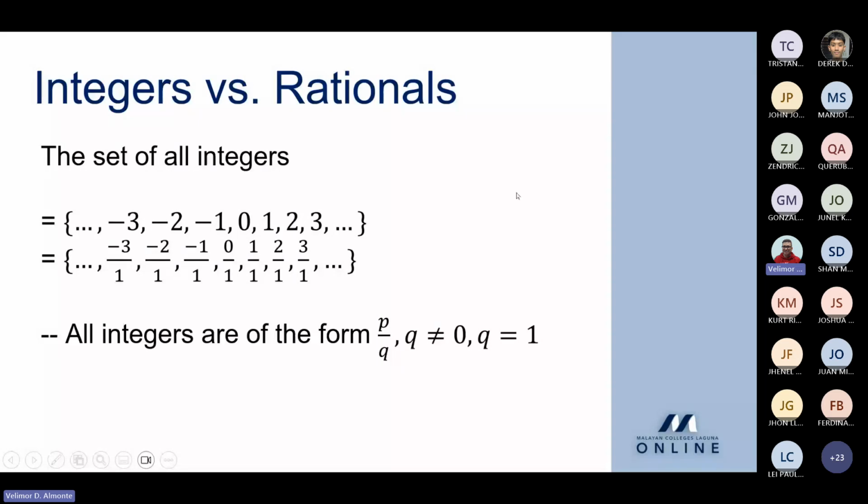It's a special divisor for them. Therefore, they are also considered rational numbers. That's the reason why the set of integers is a subset of the set of rational numbers. So puros 1 lang yung divisor nila.